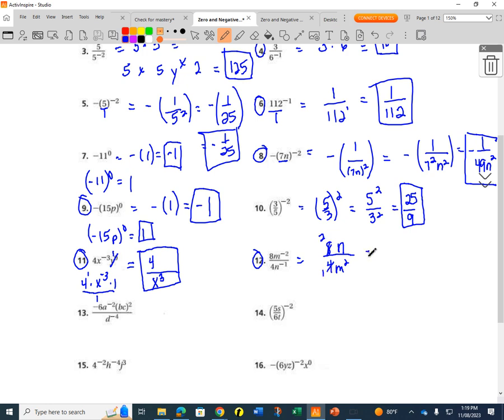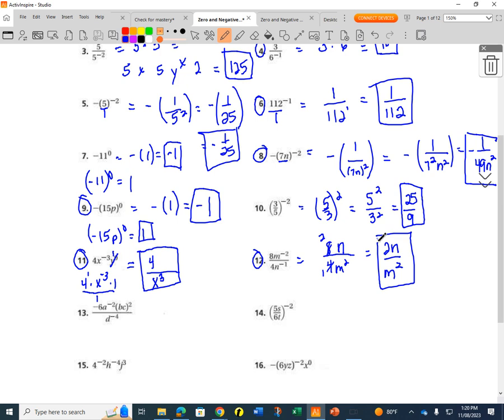So now the simplified answer is 2n divided by 1 times m squared, which is just m squared. And that's your final answer. Any questions? Does that make sense? Yes. Thank you, Aiden. Does that make sense, Ronnie? Does that make sense, Kayla Davis?